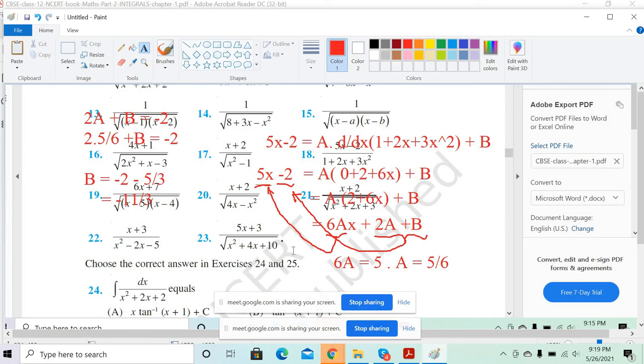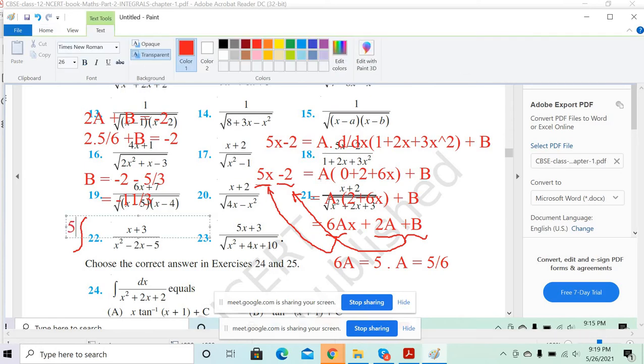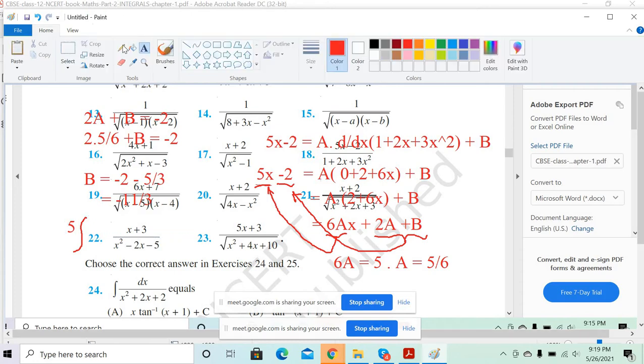Got it? Now you separate the numerator as a fraction. So this integration will be written as: a is what? 5 by 6. So you can put 5 by 6 outside the integration, since it is anyway a constant, right? Yeah. So put 5 by 6 outside, and then the numerator will become 2 plus 6x, right?